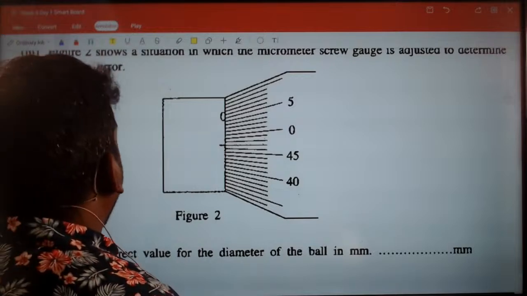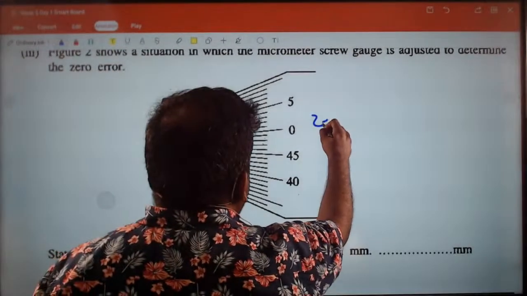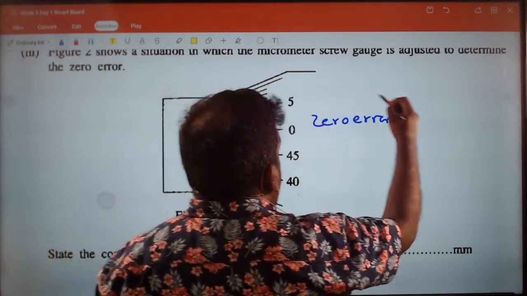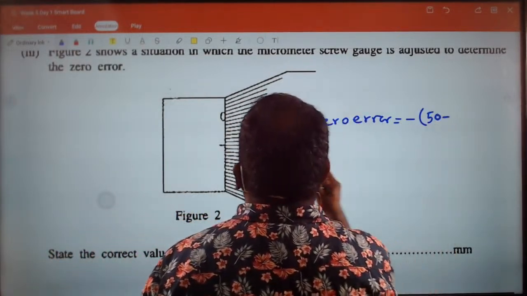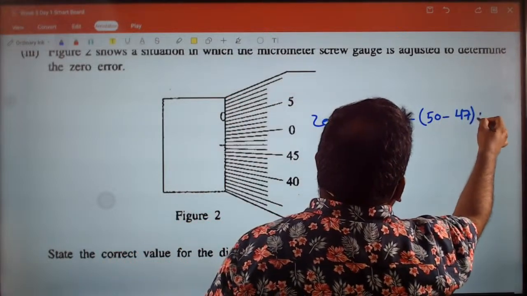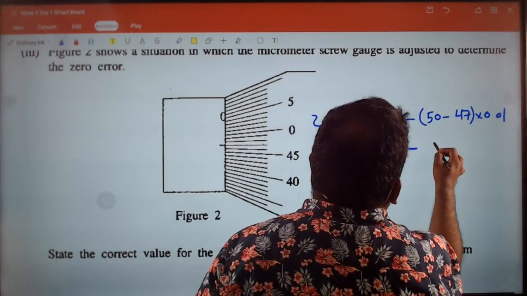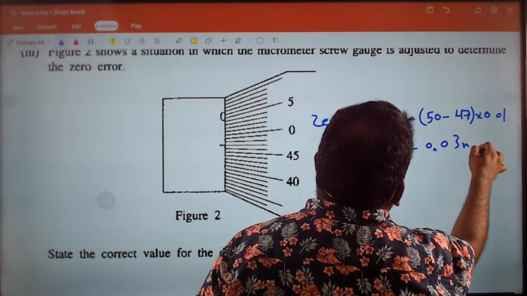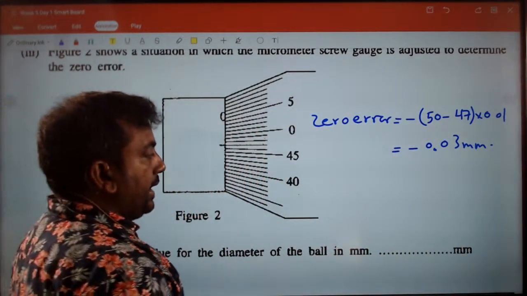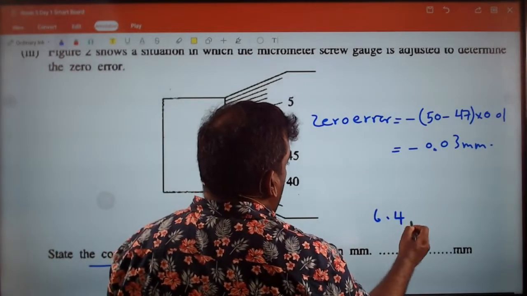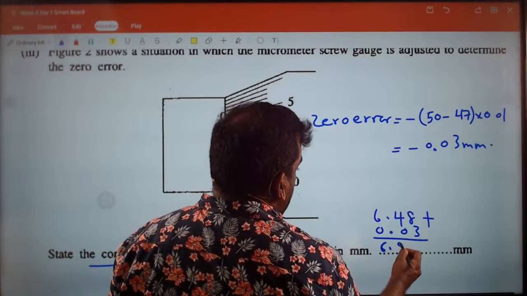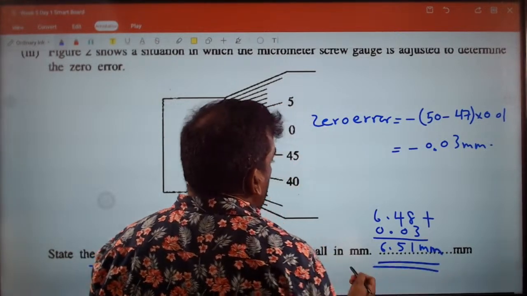So your negative zero error is going to be negative, total number of circular scale divisions minus division in line 47, into least count, minus 0.03 millimeters. What is your correct reading? Correct reading is 6.48 millimeters plus 0.03, 6.51 millimeters. There you go.